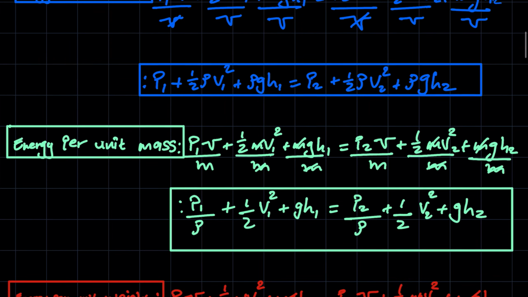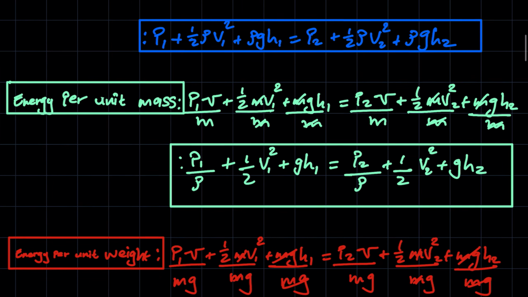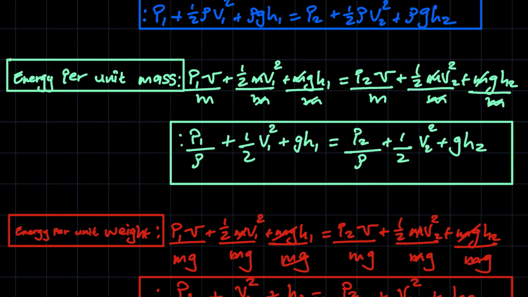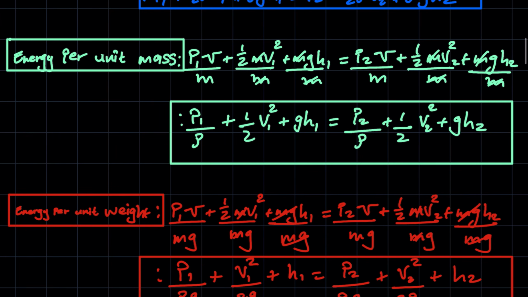When you look at energy per unit mass, each of the terms is in terms of velocity, meaning meters per second. So if you're looking for velocity, it's much easier to use the variation of Bernoulli's that is in terms of meters per second, which is the energy per unit mass.